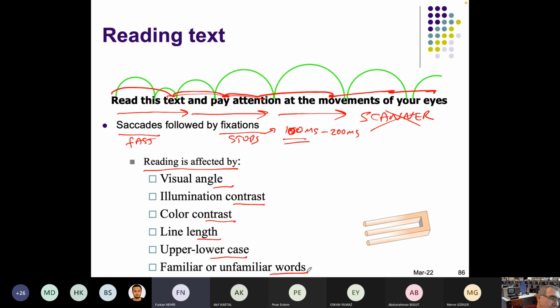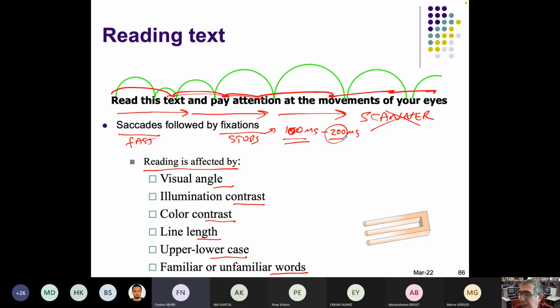Actually, I was involved in a project dealing with children with reading disability, dyslexia, when I was doing my PhD, and we found that these fixations are a little bit longer for children with reading disability.